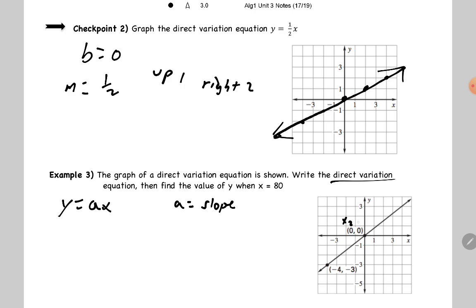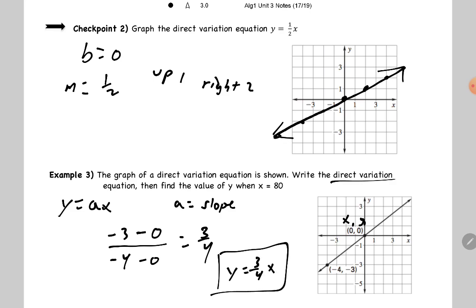Let's do x1, y1, because when we do our rise over run, we're going to do negative 3 minus 0 over negative 4 minus 0, which gives us a positive 3/4 slope. So my equation is y equals 3/4 x. That's the equation of this line.